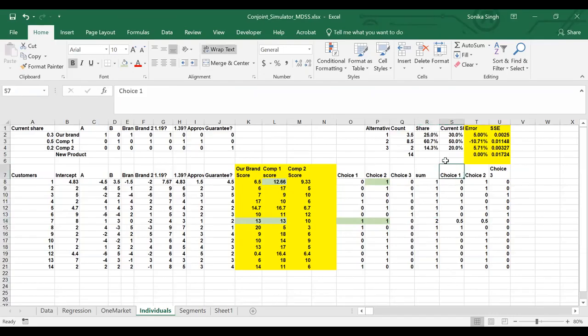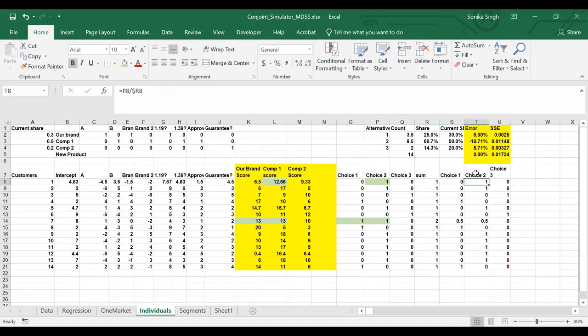Now, to calculate the probability of choosing option 1, option 2, and option 3, the probability of choosing option 1 is equal to this choice divided by the sum of choices. So it is equal to 0 divided by 1, which is equal to 0.